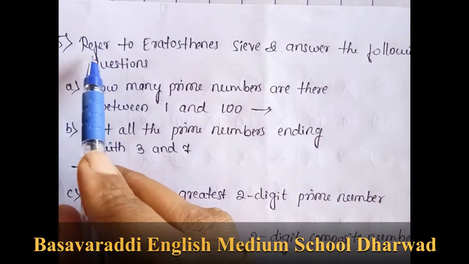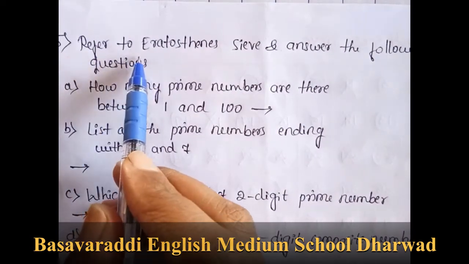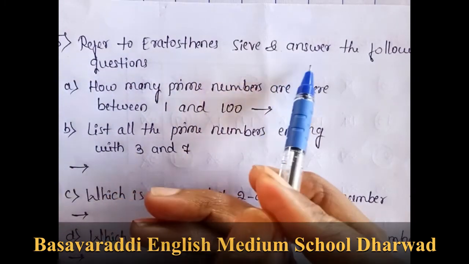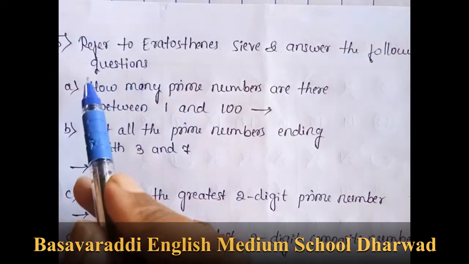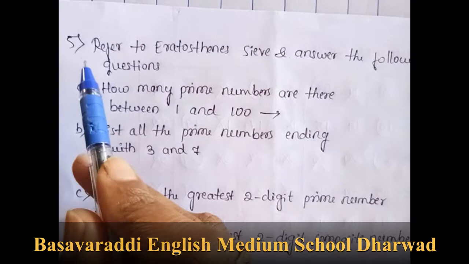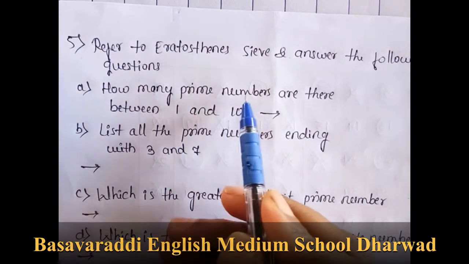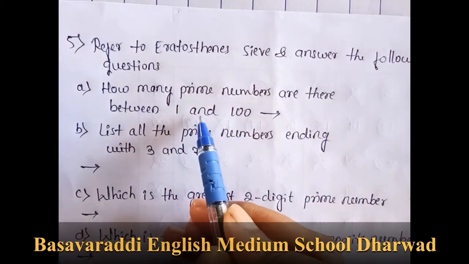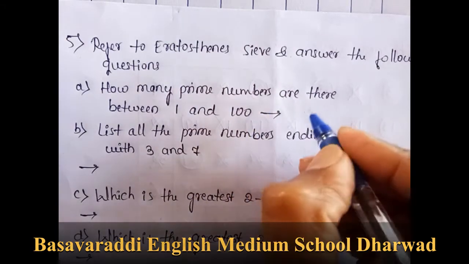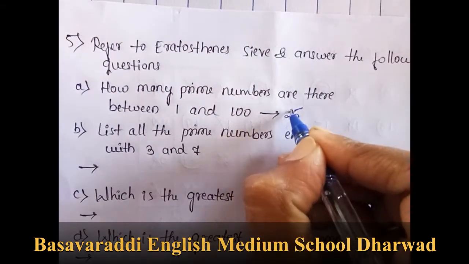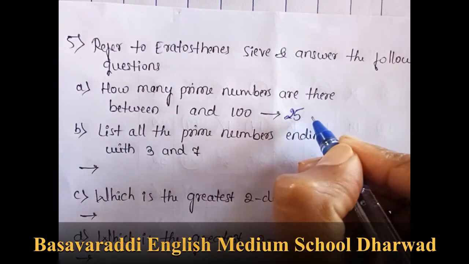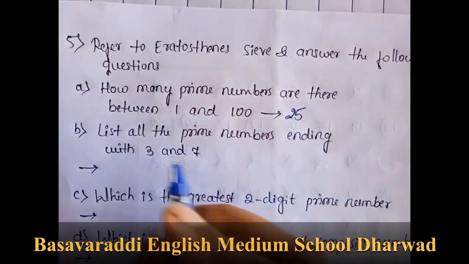Next, the fifth question: refer to Eratosthenes' sieve and answer the following questions. A. How many prime numbers are there between 1 and 100? There are 25 prime numbers.